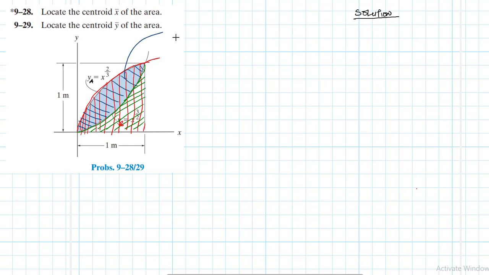So this area in blue is this YA minus YB, which is equal to x^2/3 minus x^3/2, right? So this is more or less a composite area, where we have a difference of two areas.